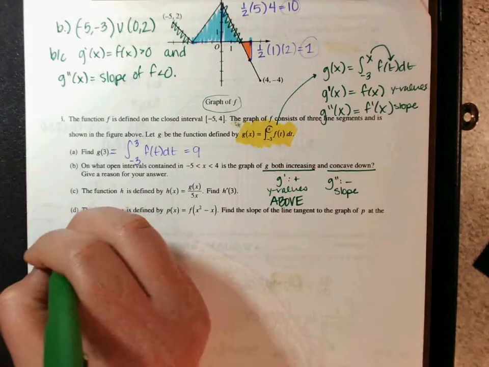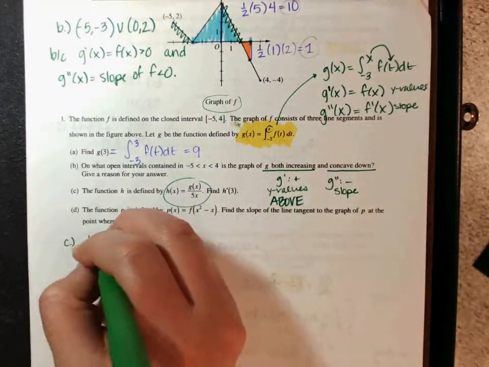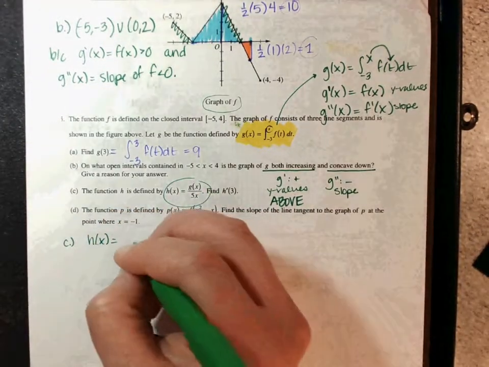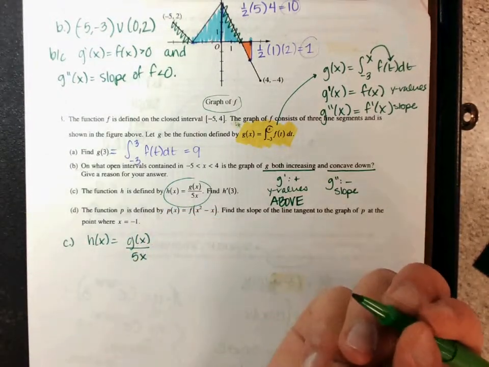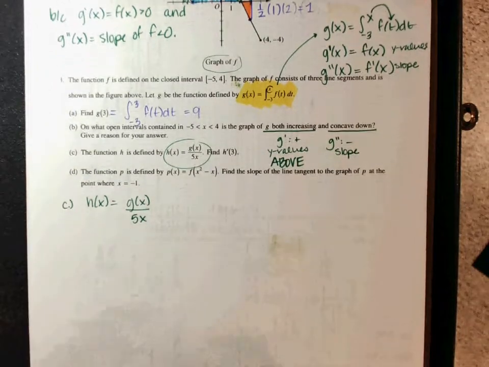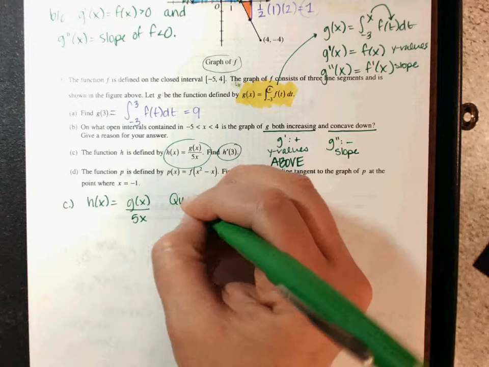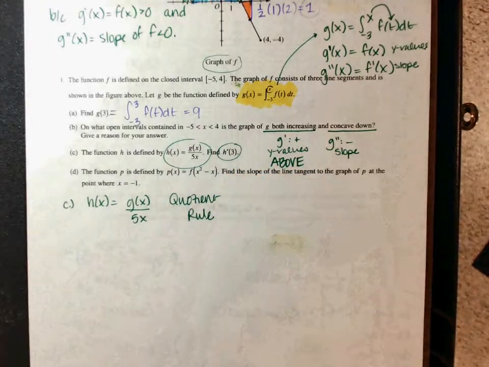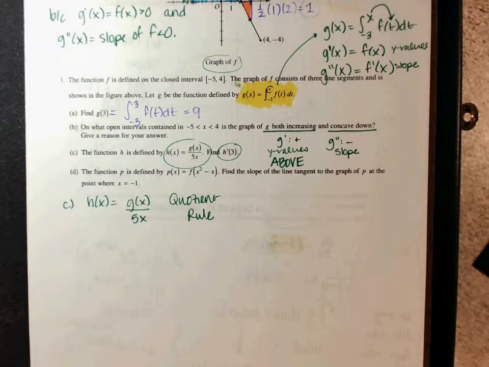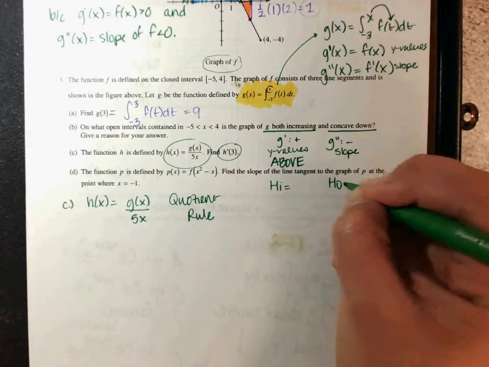So part C gives you a new function. It tells you that h of x is going to be g of x over 5x. Okay, so let's think about that for a second. If I want h prime, that's me needing to take a derivative, then I'm going to need to do quotient rule. So when I take the derivative using quotient rule, remember I break up into a high and a ho.